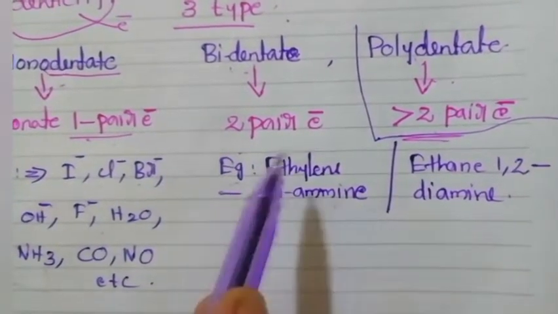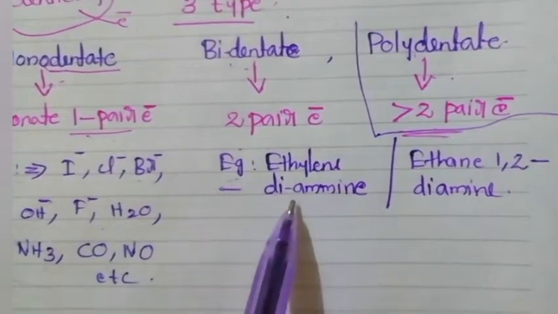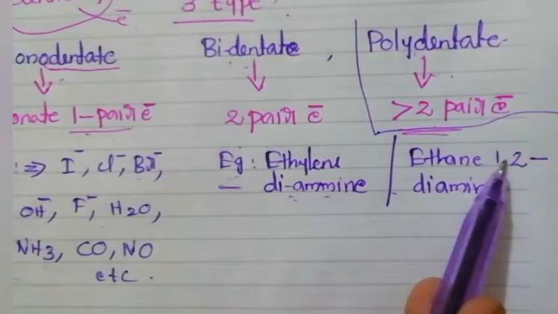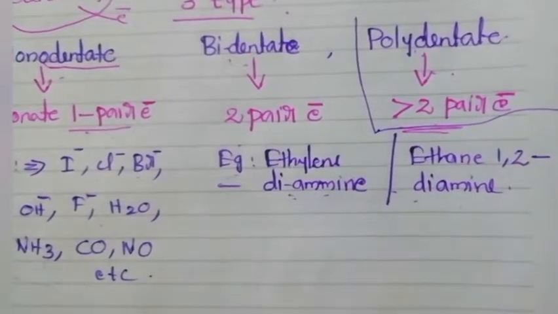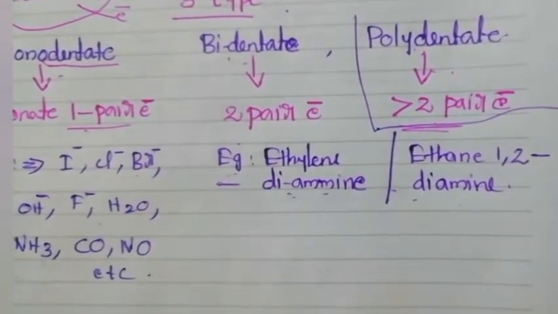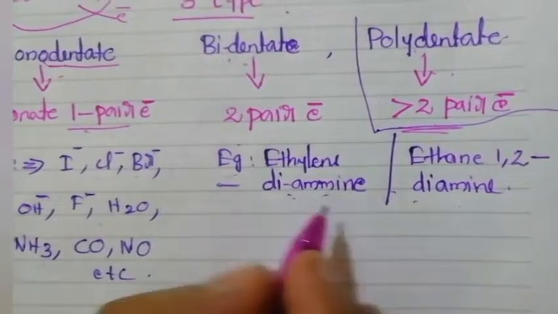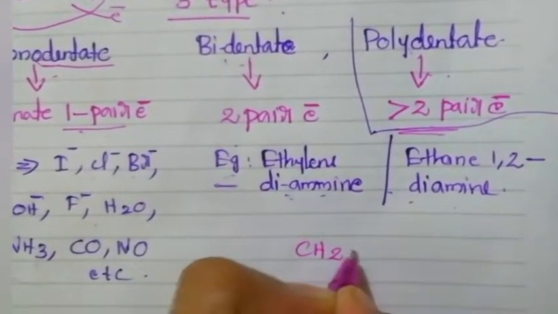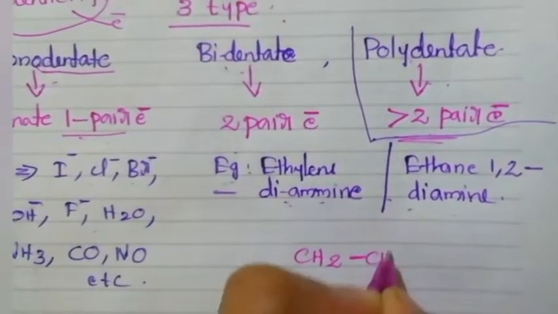Now let's see a bidentate ligand example: ethylene diamine, or ethane-1,2-diamine, which is a bidentate ligand. Very few bidentate ligands are there compared to monodentate ligands.